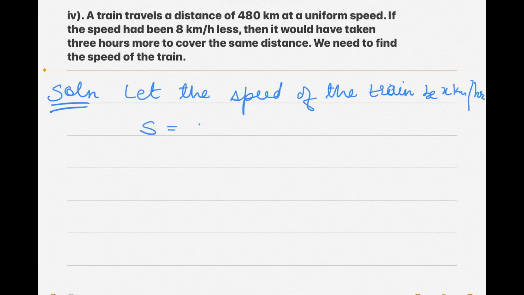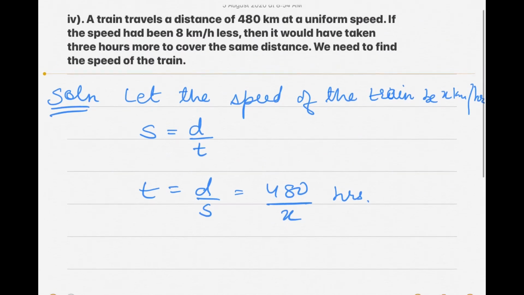Speed is equal to distance by time, so time is equal to distance by speed. Distance is 480 here and speed I have taken as x. So this is my time in hours.